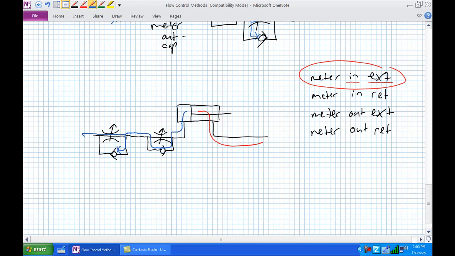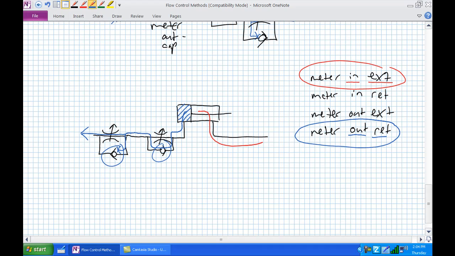And it's going to be forced to go through this flow control valve, controlling the flow rate out of this cap end while it's retracting. Meter out retraction. So I've controlled the extension and controlled the retraction by putting flow control valves oriented in the following manner. That's critical.